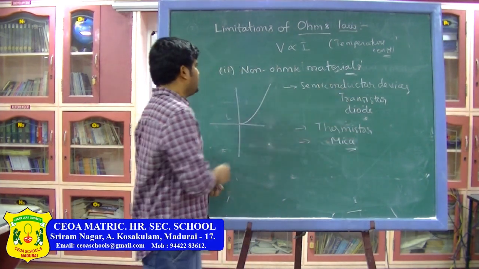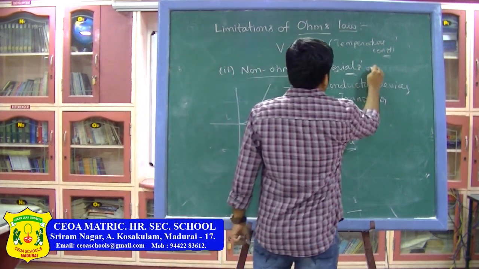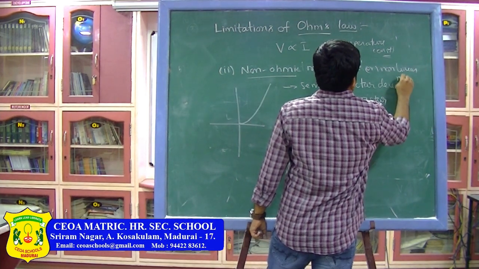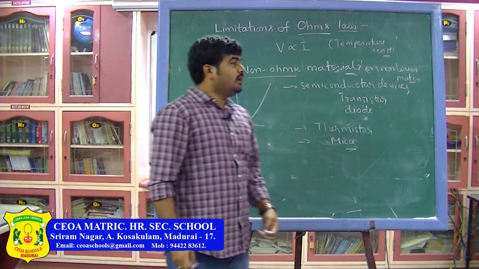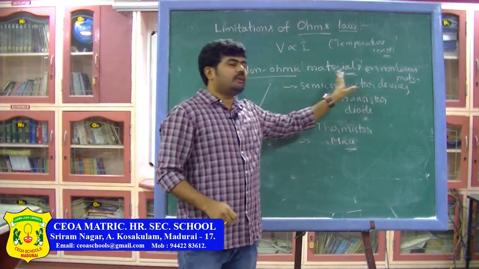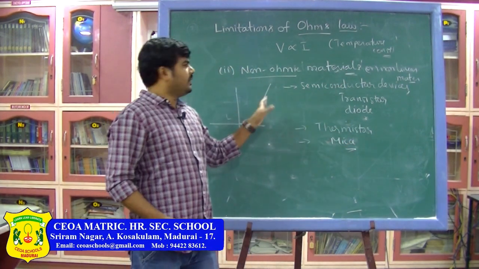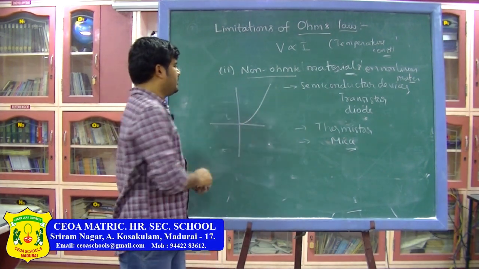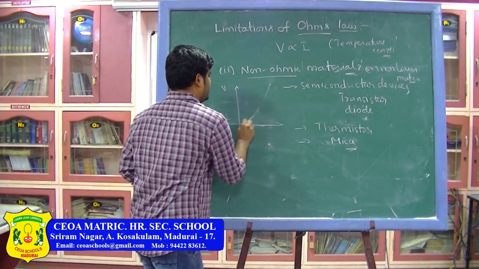That is why they are known to be non-ohmic materials or non-linear materials. So the materials which do not obey Ohm's law are called non-ohmic or non-linear materials. For them, the graph between current and voltage will not be a straight line, and it will be a curved graph like this. Okay. So this is the graph between voltage and current for a diode. It will come like this.